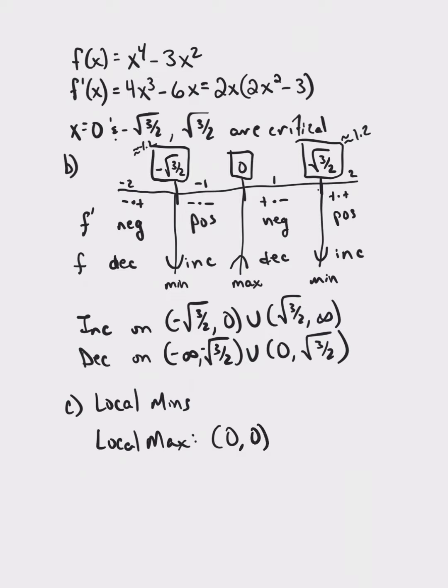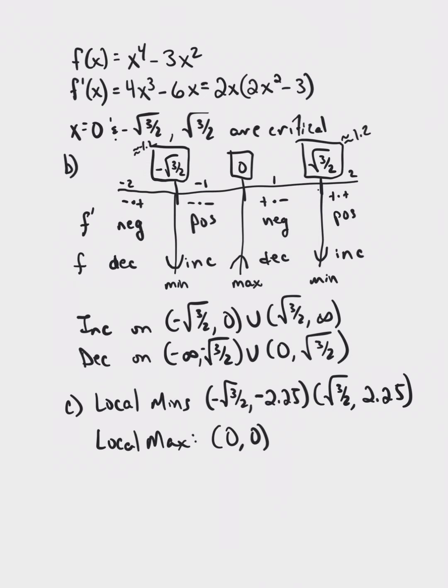Okay, and then if I plug negative square root of 3 halves in, I computed it, but then I turned my calculator off. I'm going to get negative 2.25. And if I plug positive square root of 3 halves in, I get the same thing. And so there's the problem.